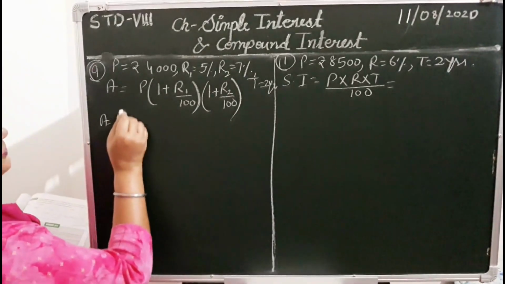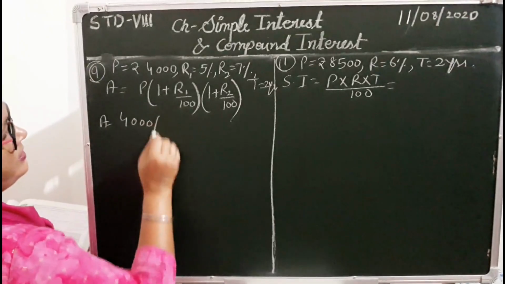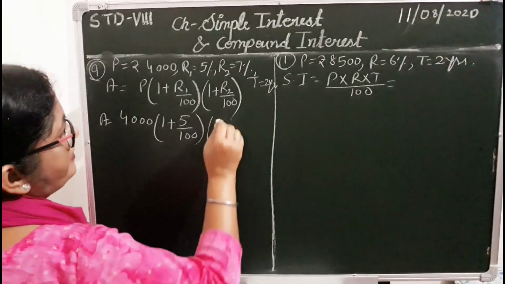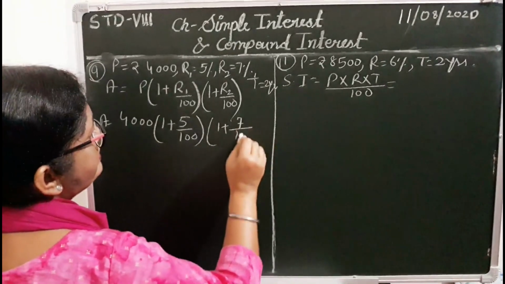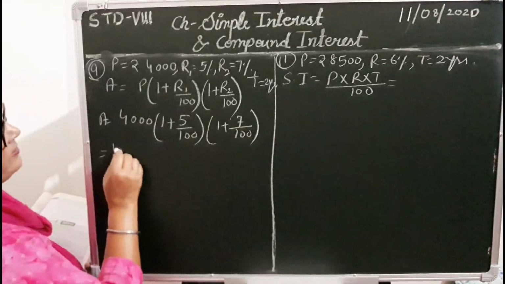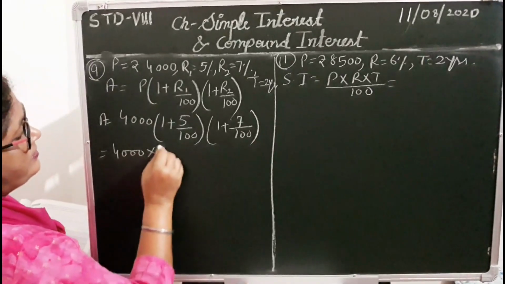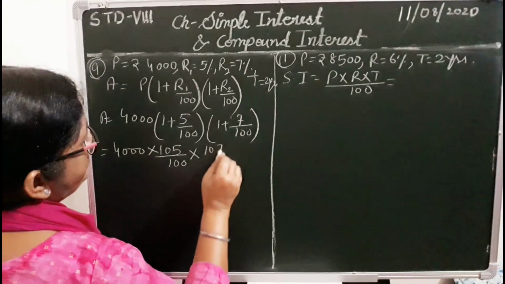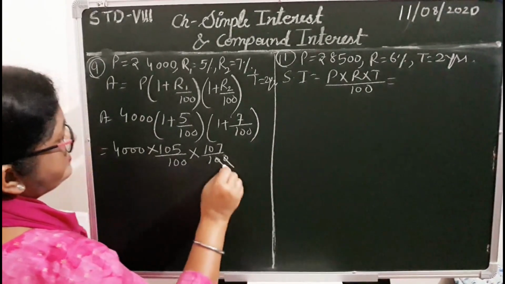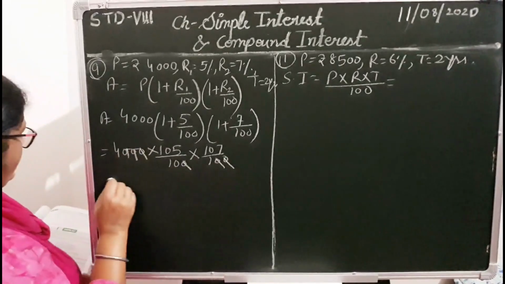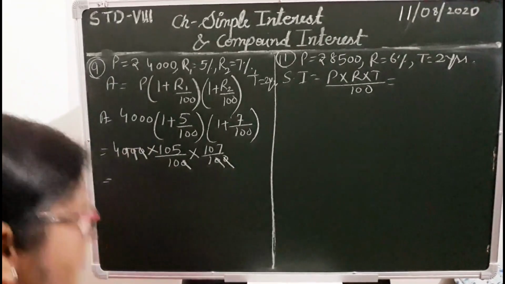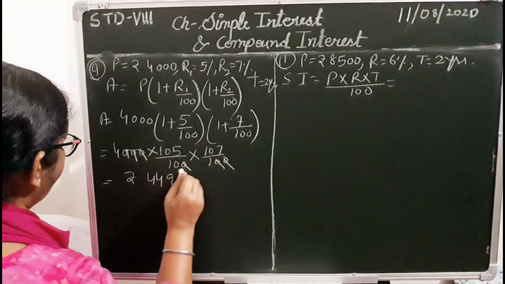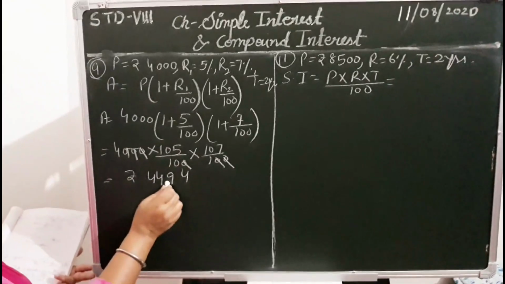Amount is equal to 4,000 multiply 1 plus 5 over 100, 1 plus 7 over 100. 4,000 multiply 105 over 100, 107 over 100, and the product is rupees 4494, and this is the amount.